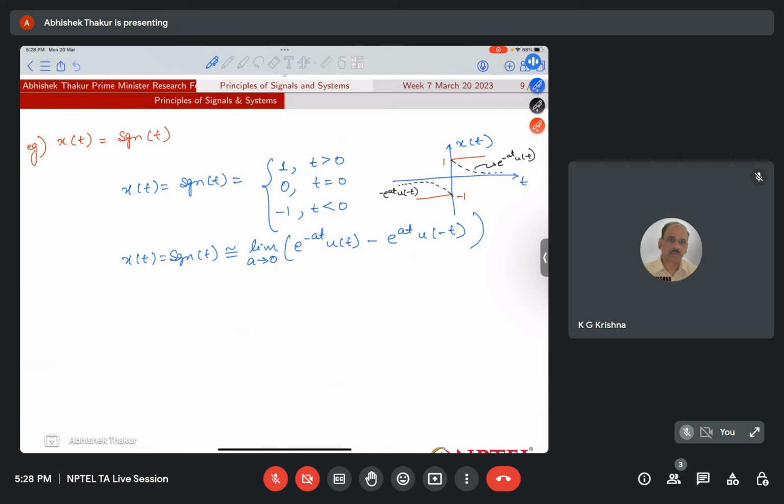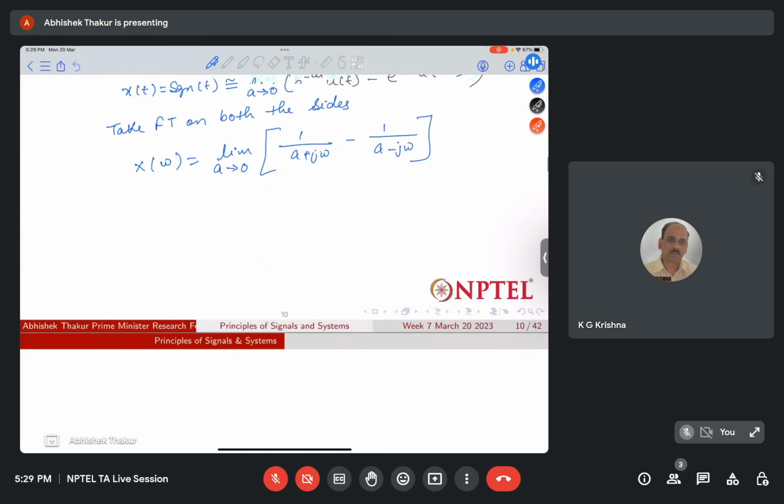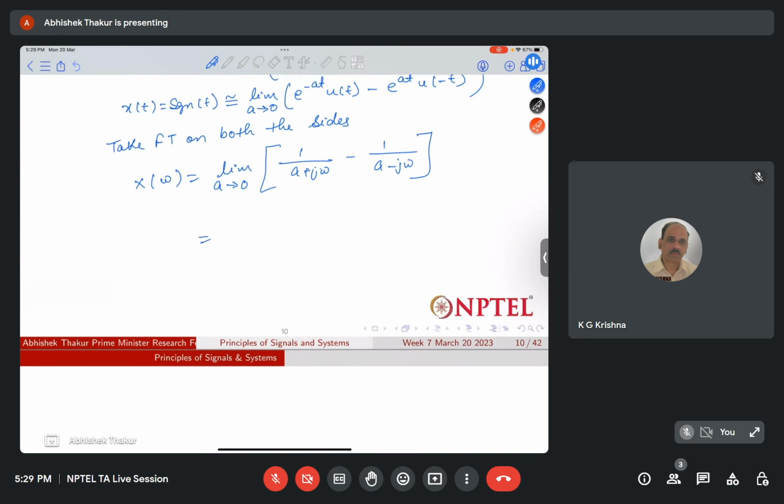Now we will take the Fourier transform on both sides. We get the Fourier transform of x(t) as X(omega), and we have already done the Fourier transform of e to the power minus a t u(t). Here the limit a tends to 0 we will substitute at the end. It will be 1 by (a plus j omega) minus 1 by (a minus j omega), and when you substitute a tends to 0, first we will simplify it.